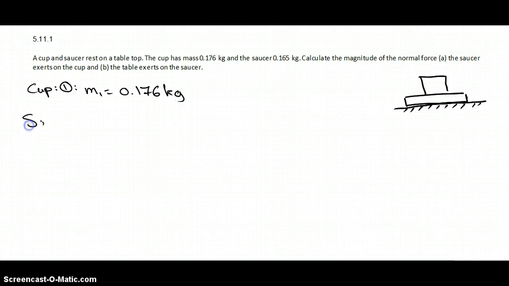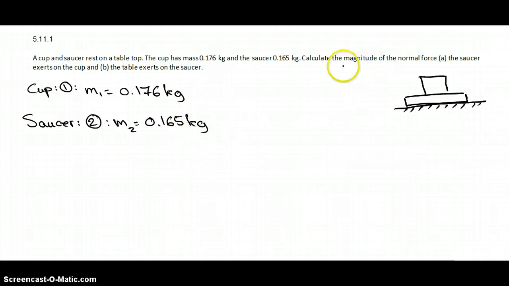We know about the saucer, or let's call it object 2, M2, or the mass of the saucer, is 0.165 kilograms. Calculate the magnitude of the normal force the saucer exerts on the cup.